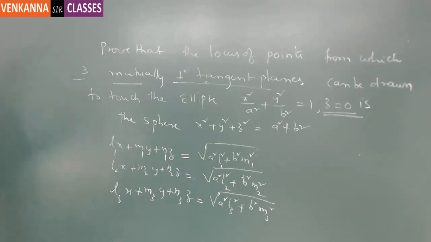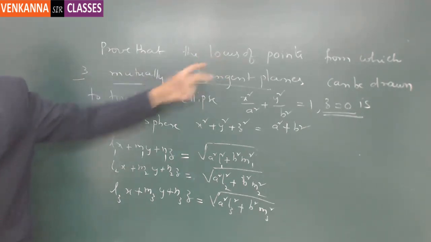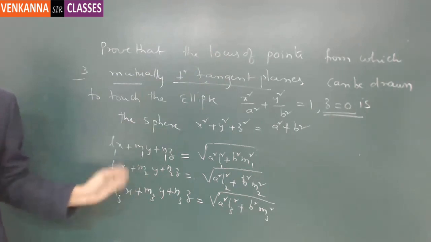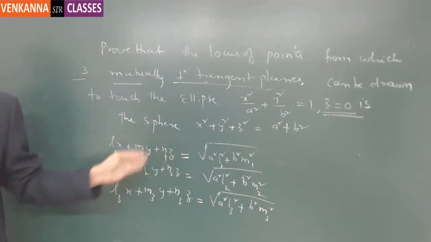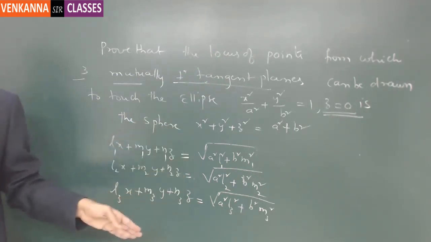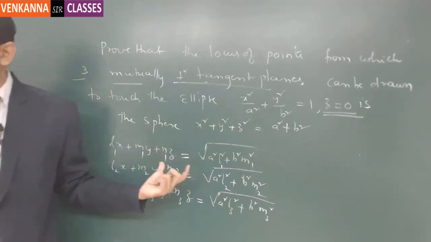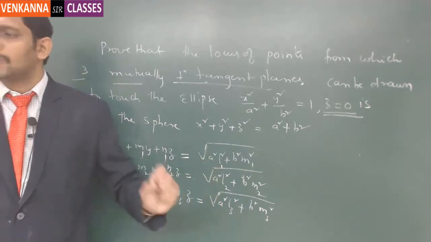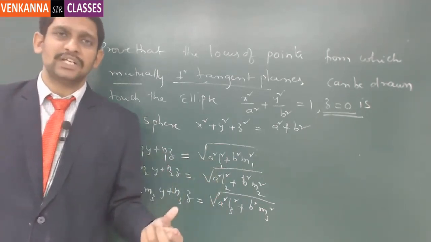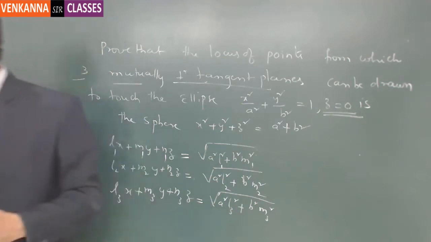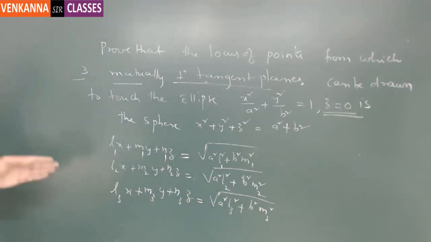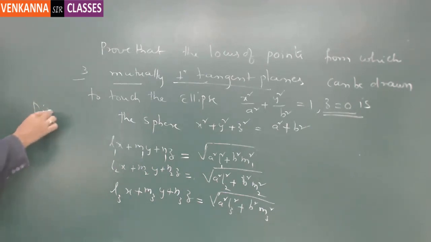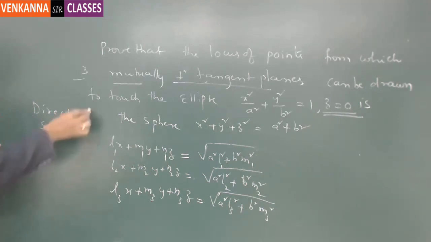So here we have to calculate the locus. Here the locus is the intersection of these 3 planes. If you eliminate the values of L, M, N from these equations, you will get an equation in terms of x, y, z, which is nothing but the required locus. A similar kind of problem we have done already. I gave a definition, the director sphere. There also we took a similar one.